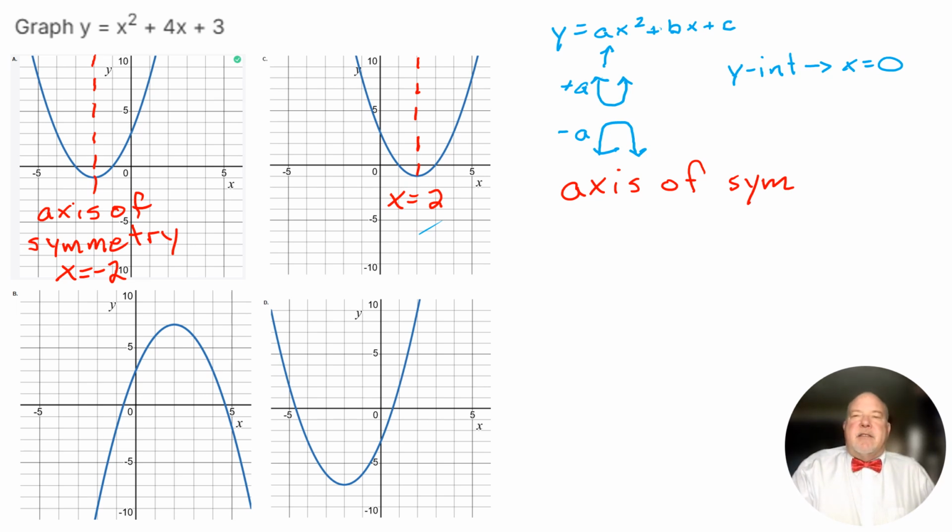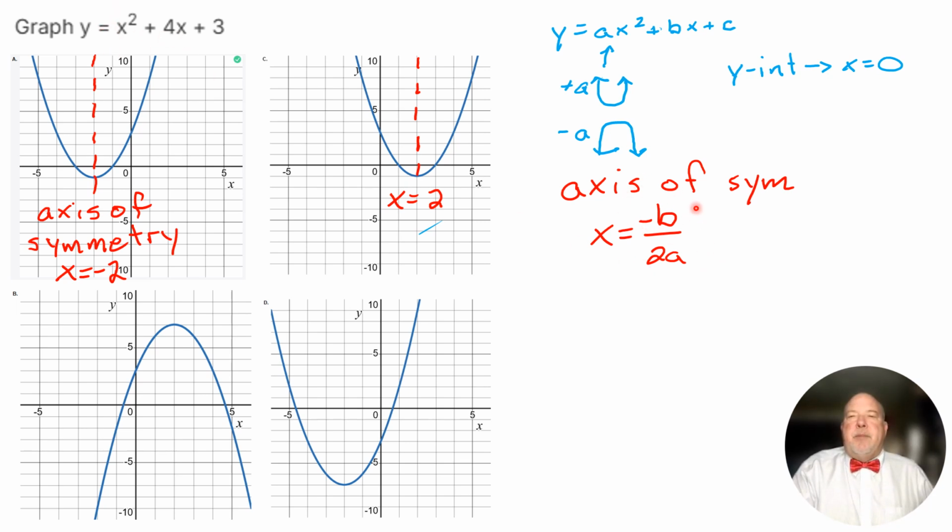To find the axis of symmetry, there's a formula that says x equals -b over 2a. The b and the a come from the standard form: the coefficient of x squared is the a, and the coefficient of x is the b. So b is 4, and a is 1.